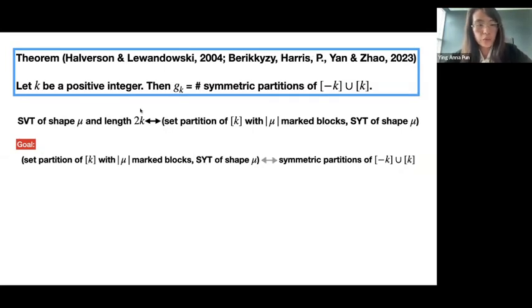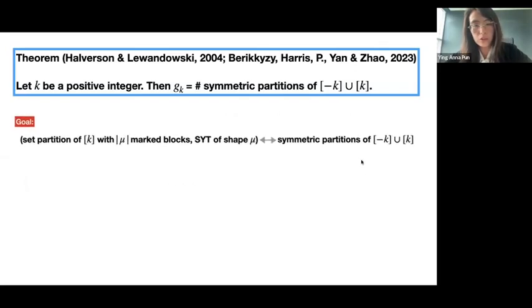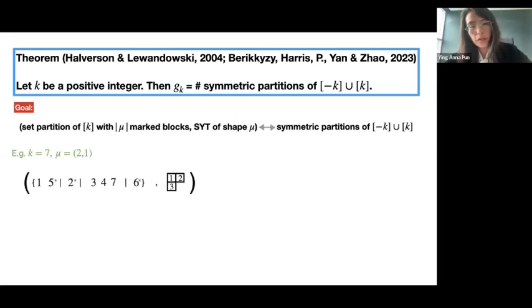So this is the previous proof that we have. And this is what we want to prove, which is the symmetric partition. So basically, I just need to translate my SVT to the symmetric partition here. And then if I give you a pair, something like this, then I have a way to construct it.